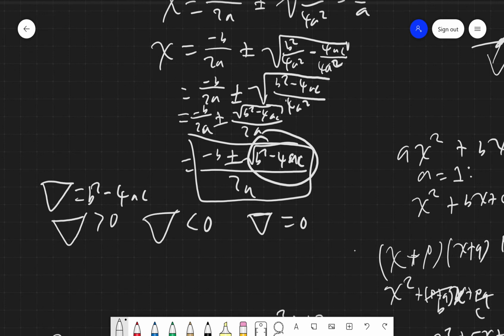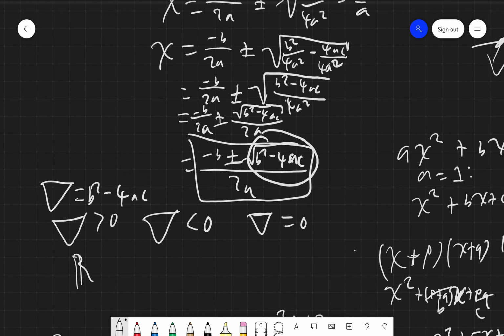Now if it's greater than 0, then the square root is also greater than 0. But then the plus or minus makes a positive or negative number. So this means that we have real roots. We use this weird R to denote that.